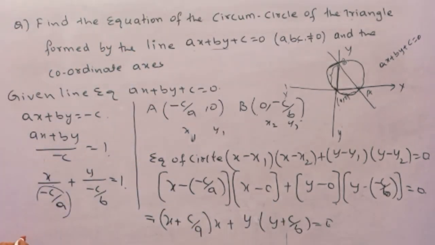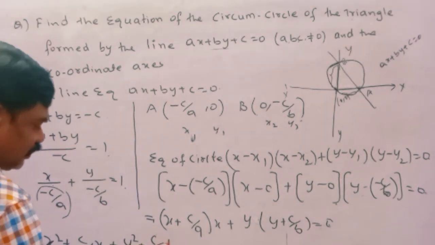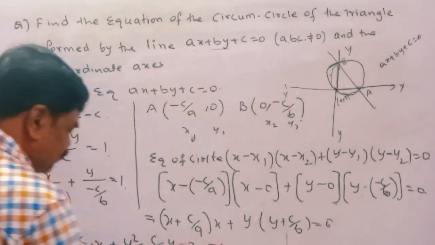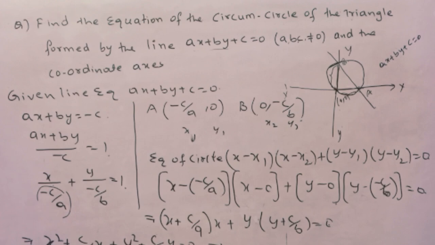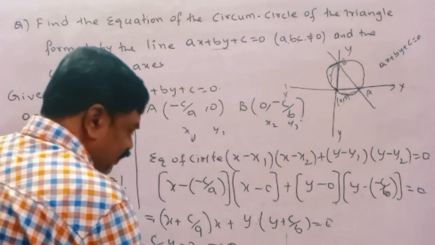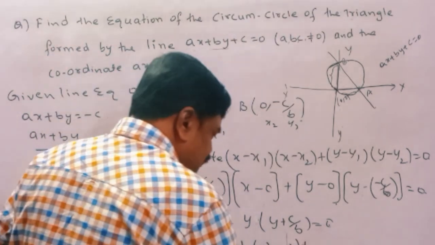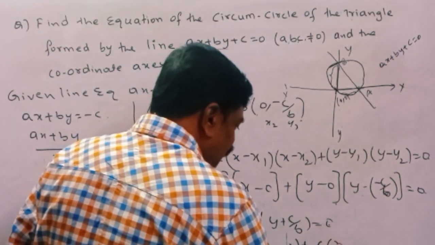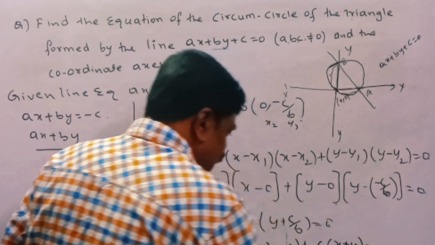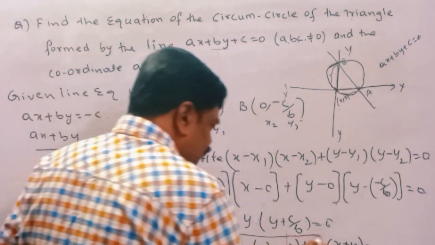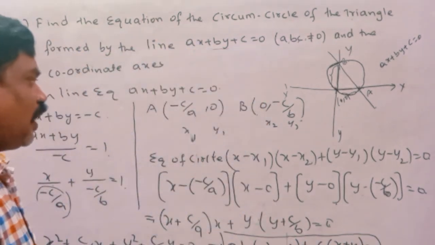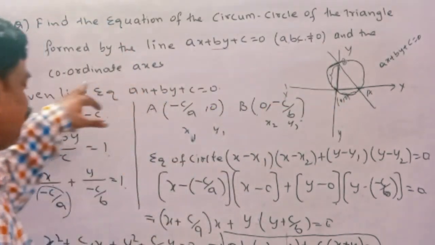Then we have to simplify this: x square plus (c by a) x, plus y square plus (c by b) y equal to 0. This implies, taking LCM as ab, we write ab(x square plus y square) plus c(x plus y) equal to 0 is the circumcircle formed by the line and these two coordinate axes.